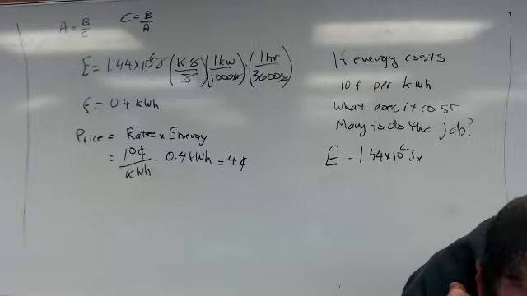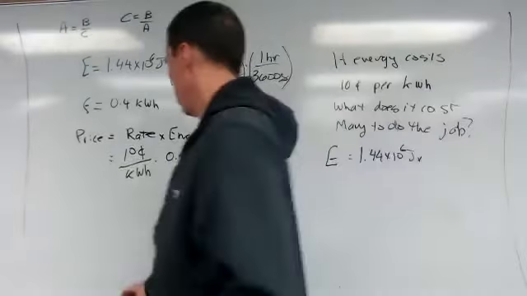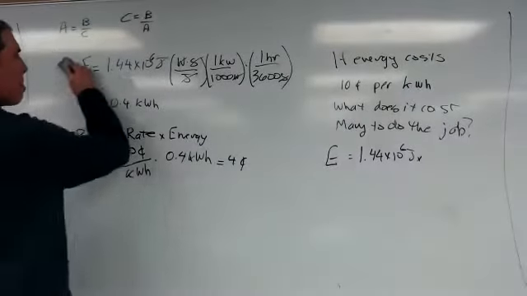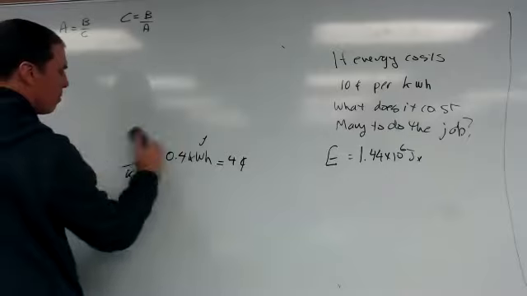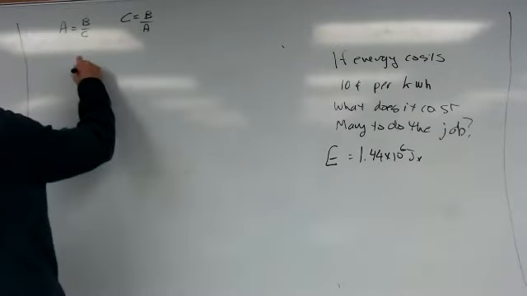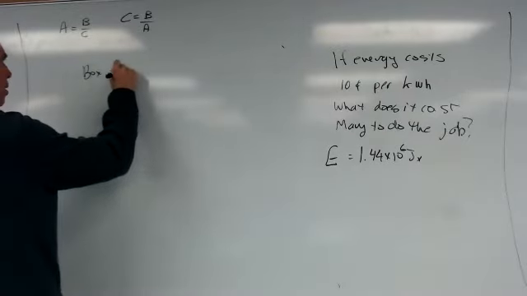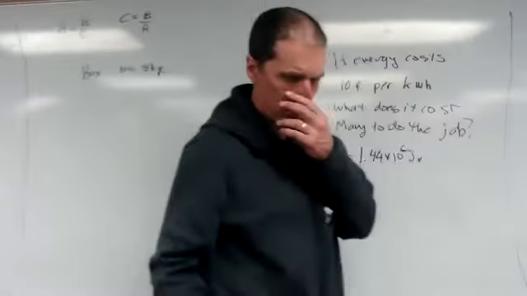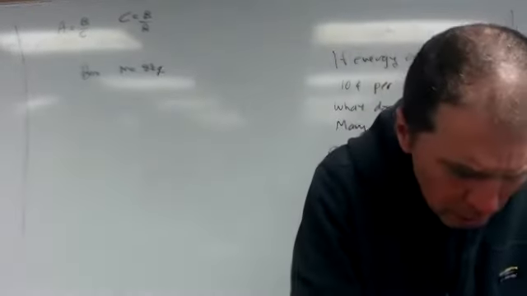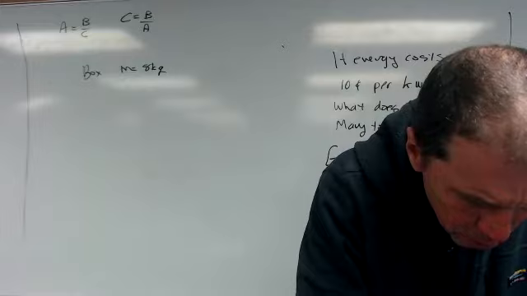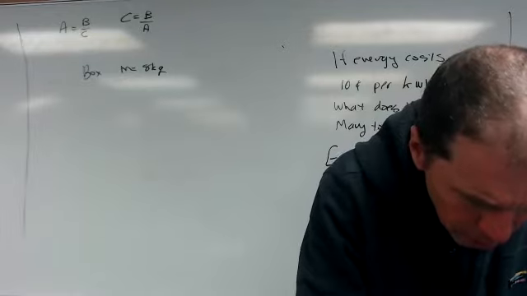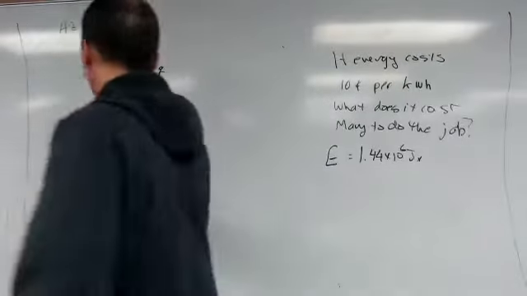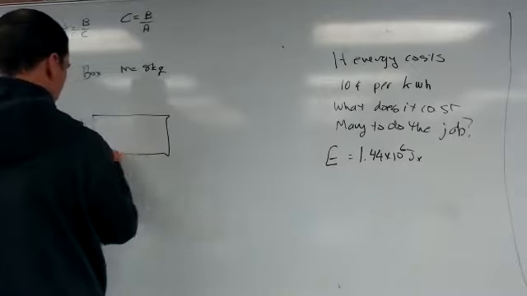But let's just talk about it. A box of mass 8 kilograms is dragged along the ground with a force of 50 newtons on a leash, which makes an angle of 37 degrees above horizontal.